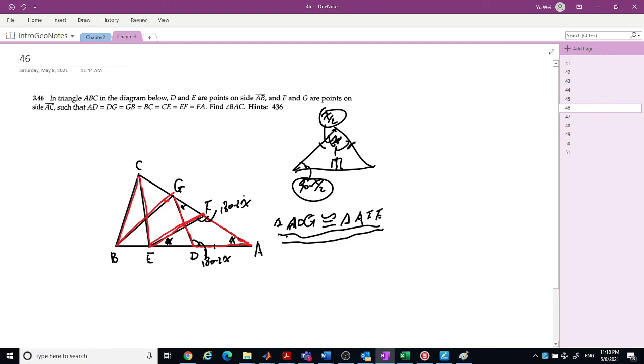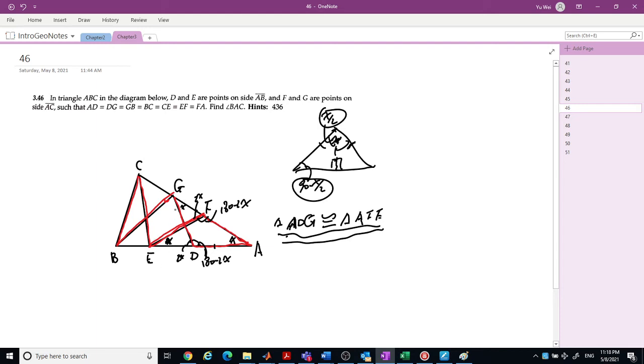Now let's still try to propagate more. Try to figure out what's the relationship. So this is the 180 minus 2x. What's this angle? This angle is 2x, right? Because it's a line. Then this angle is also 2x.